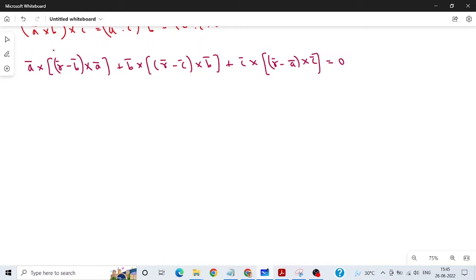Now we are going to use the above formula, the formula of vector product of three vectors, to simplify this.